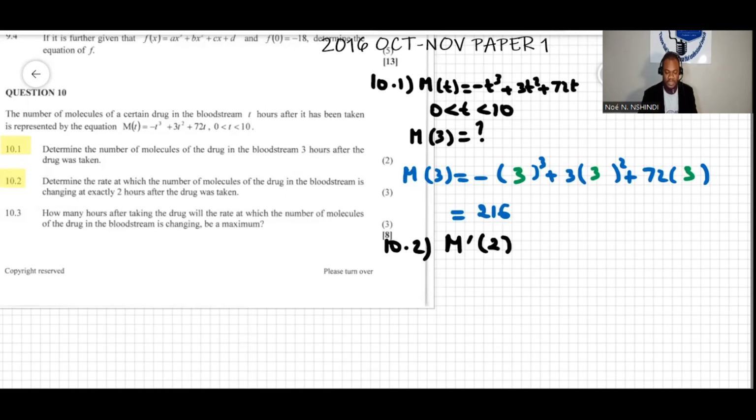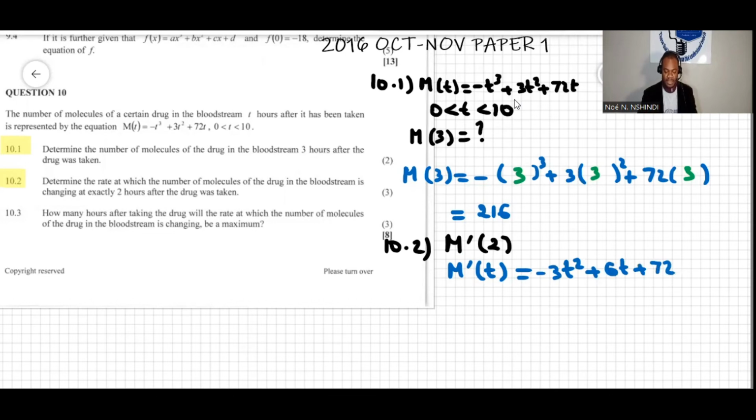So first of all, m prime of t will be equal to, looking at m of t over here, negative 3t squared plus 6t plus 72.